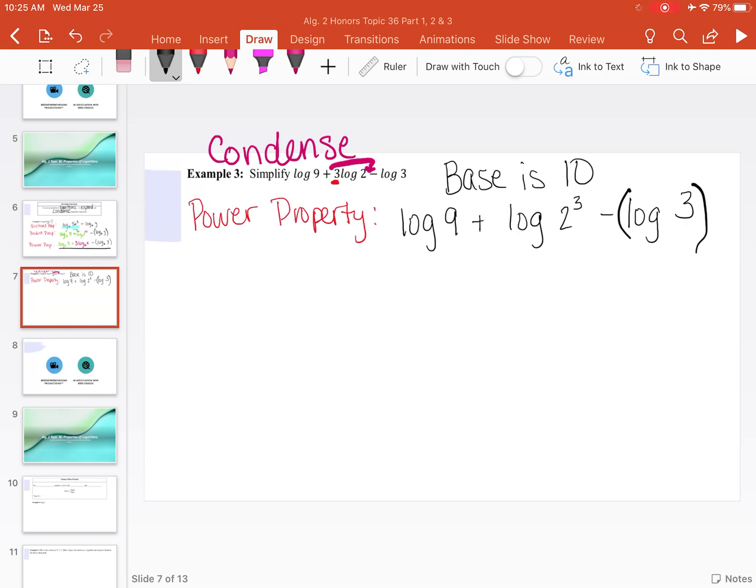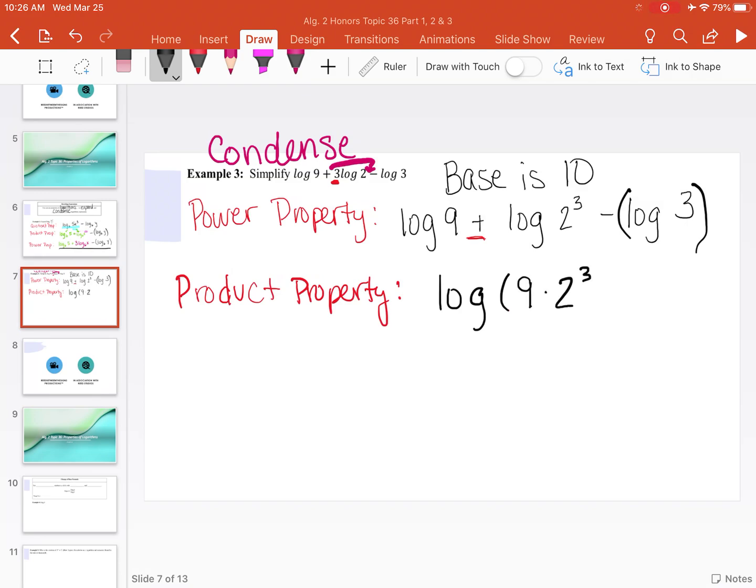Then we can use the product property because we notice that we have addition here. So we can rewrite this as log of 9 times 2 cubed minus log of 3.